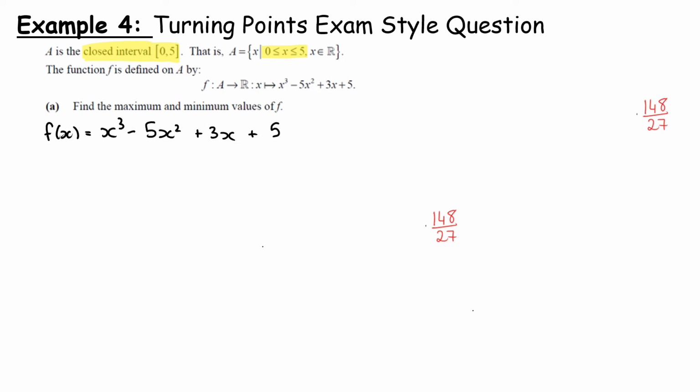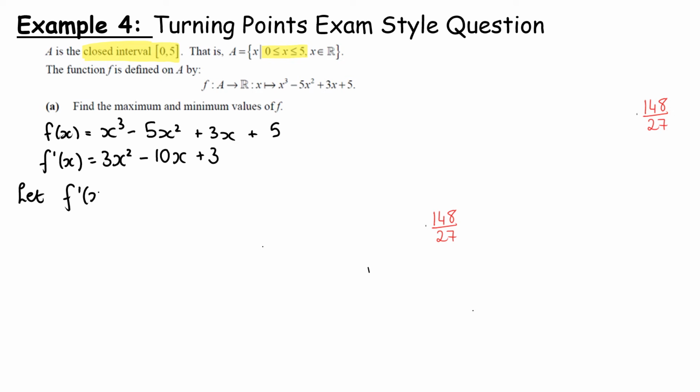Now, in order to get the minimum and the maximum points, we would usually do the first derivative, f dash of x, and let that equal 0, because when we do the first derivative, that means slope. And we know that the minimum and the maximum turning points occur when the slope is 0. So we let f dash of x equal to 0.